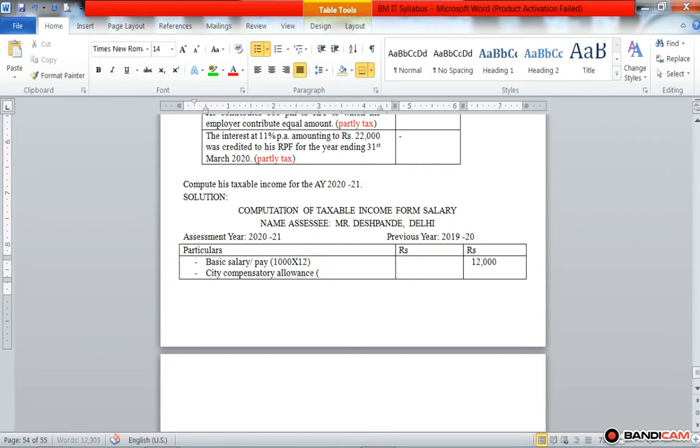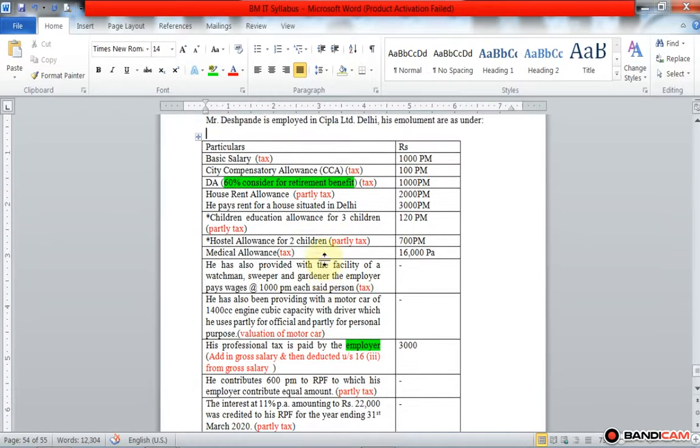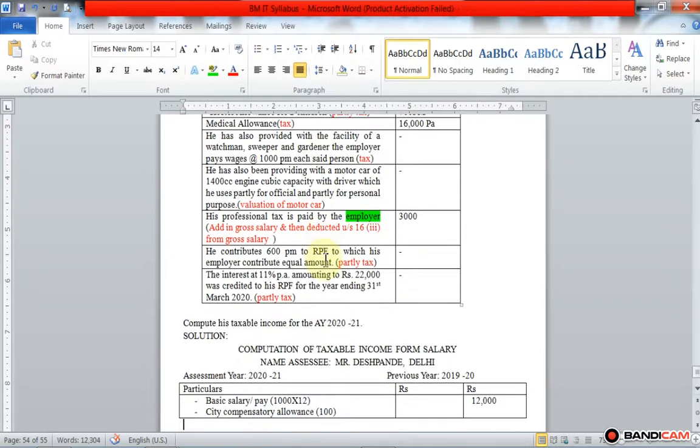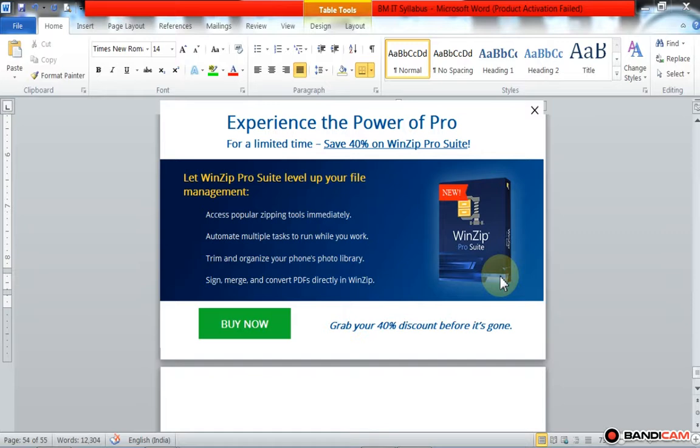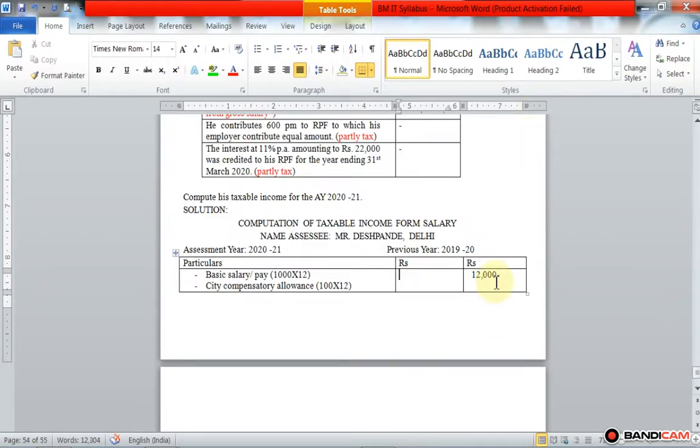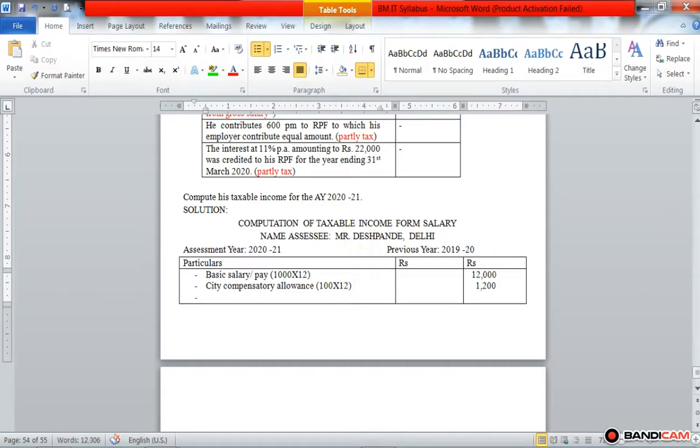City compensatory allowance is rupees 100 per month, and all of it is taxable. So 100 multiplied by 12, we get 1200.